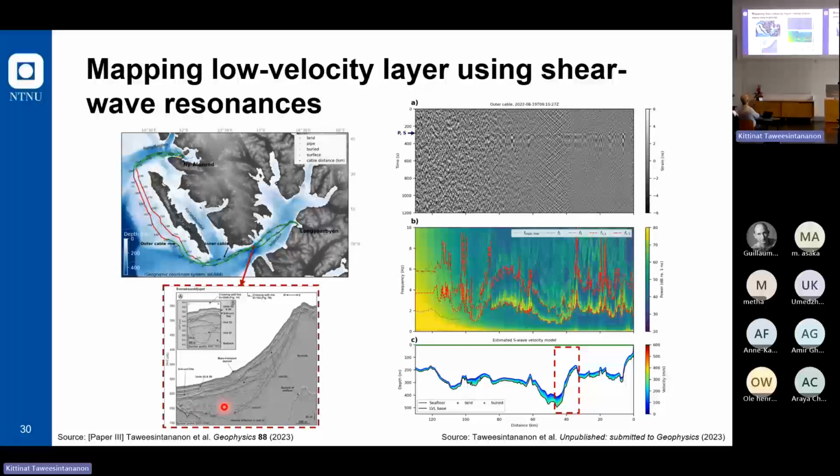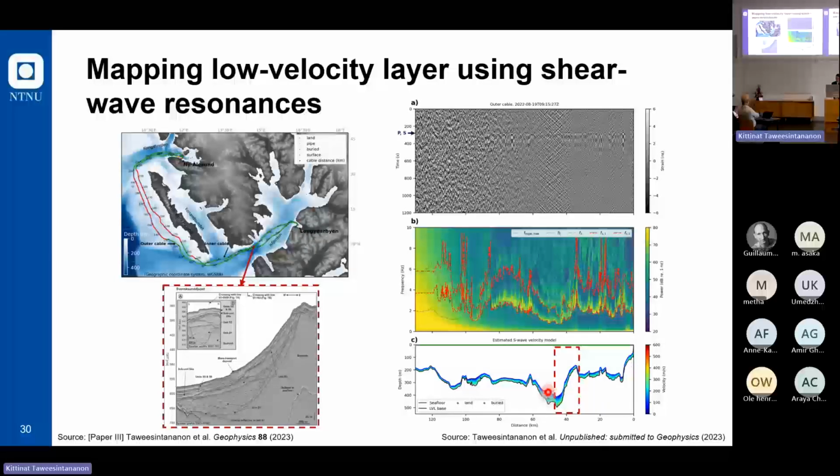And currently we are moving forward, and based on that idea, we try to develop a more advanced method, to pick the frequency at the first order resonant frequency and the second order resonant frequency, and then use that information to compute and build the shear wave velocity model in the low velocity layer, or near surface layer, as shown here.